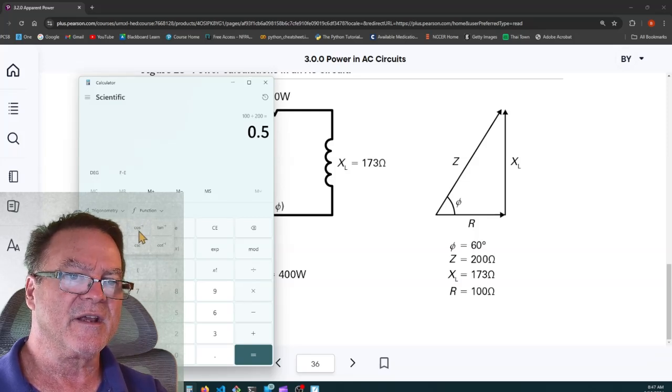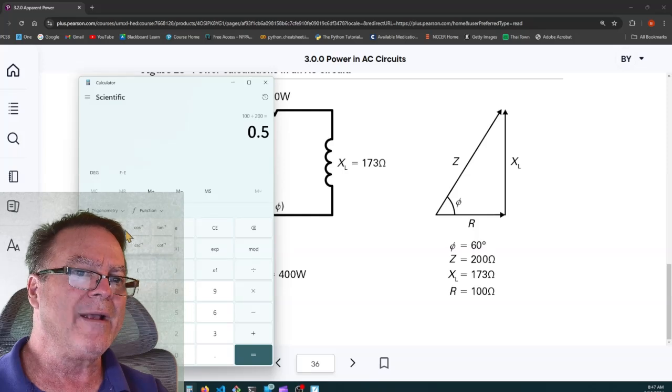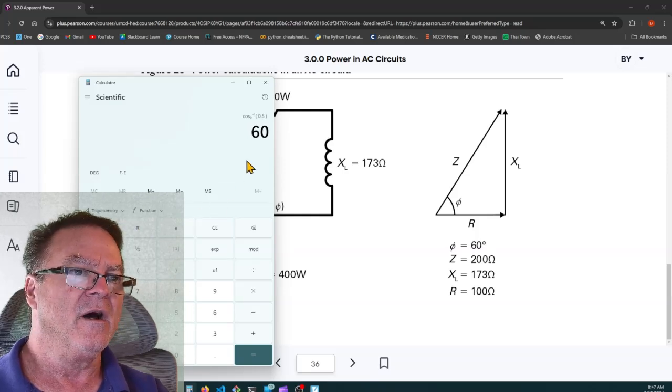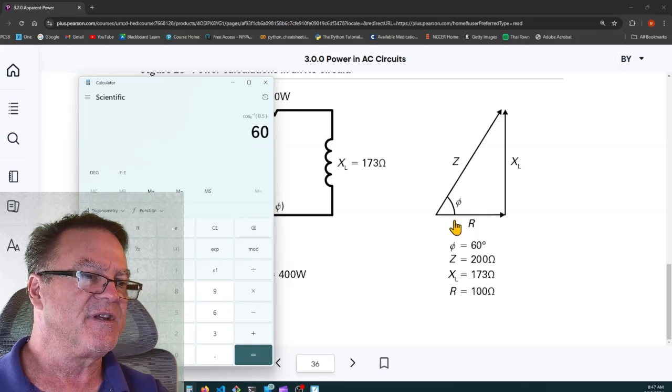So let me do the second cosine. Cosine -1. This is the arc cosine. Basically what we're asking the calculator is, what angle has a cosine of 0.5? And it's 60 degrees.